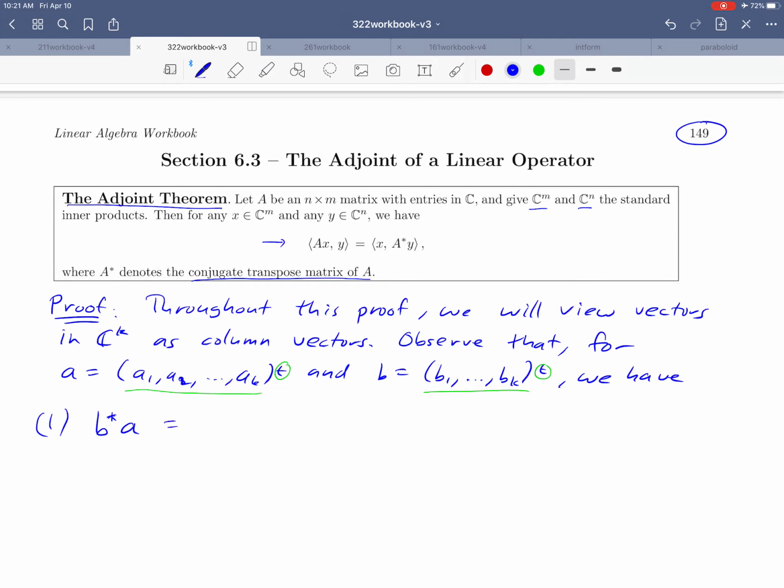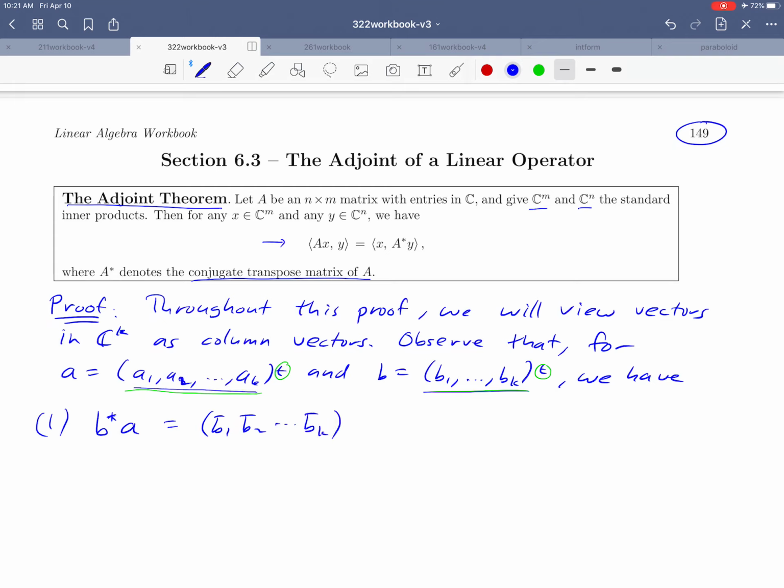What is b star? That's the conjugate transpose of b. So b started out as a column, so we're going to transpose it into a row and take the complex conjugate of every entry. It's going to wind up looking like this.